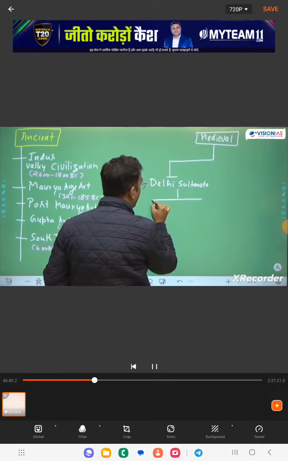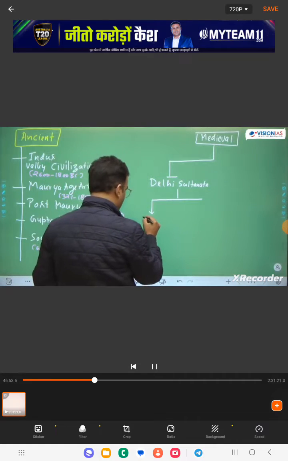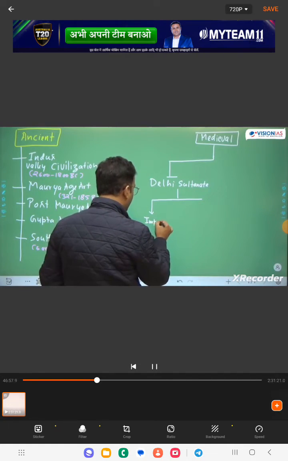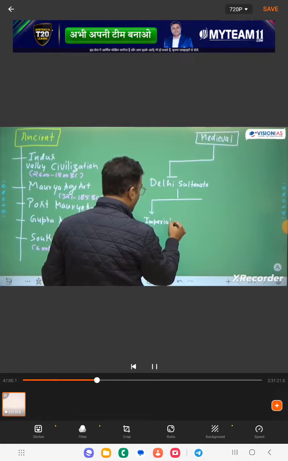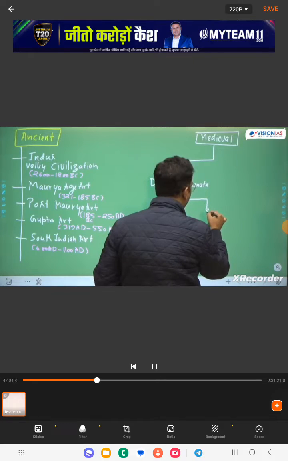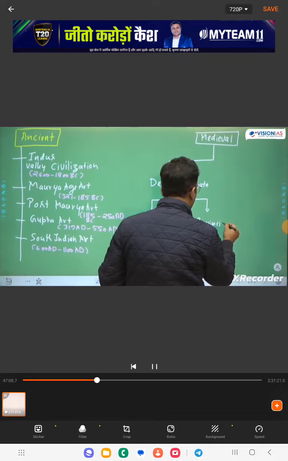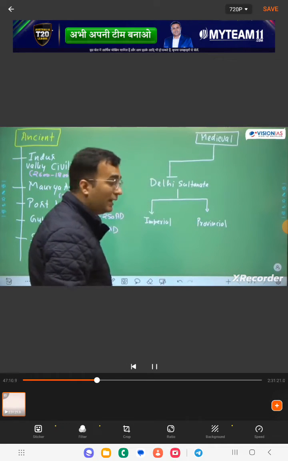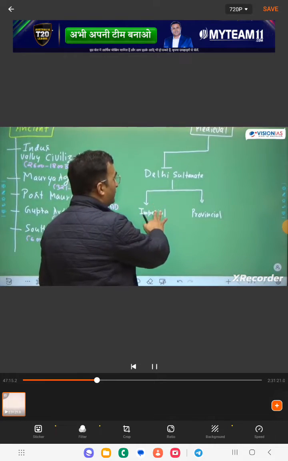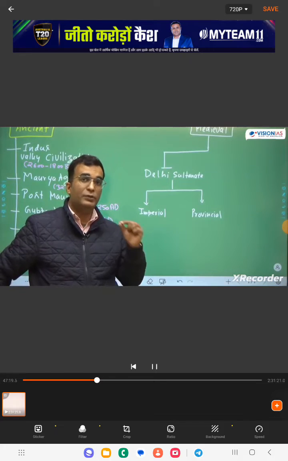So two types of art, number one I will be writing imperial, and the second one would be provincial. So imperial and provincial. When it comes to imperial, here we need to understand that imperial is referring to the sultans of Delhi.